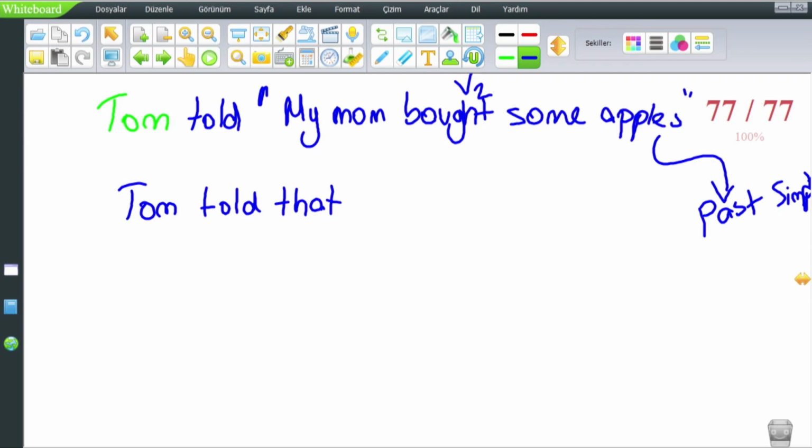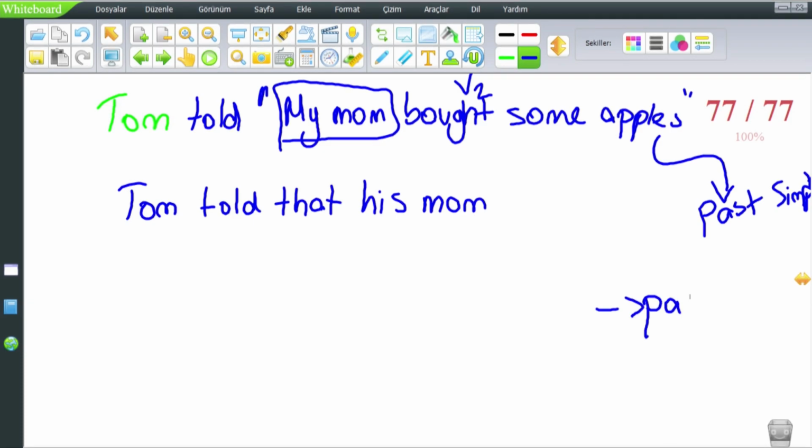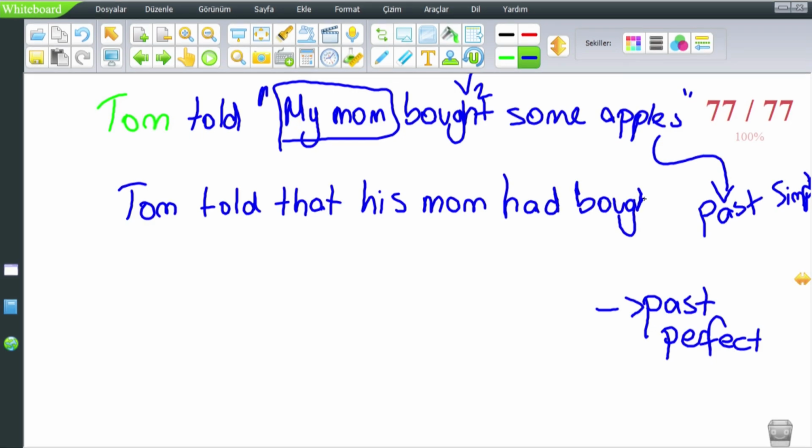I don't have to necessarily use say. I can also use tell or told. Tom told that. He is saying my mom, so I will be saying his mom. If the first sentence is past simple, I have to rewrite this sentence using past perfect. So, had bought some apples.